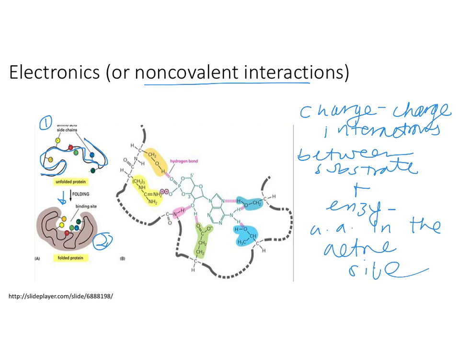And what this does is it creates certain side chains sticking into the active site, and the substrate is going to bind with high specificity, creating specific non-covalent interactions. So this right here is the substrate.